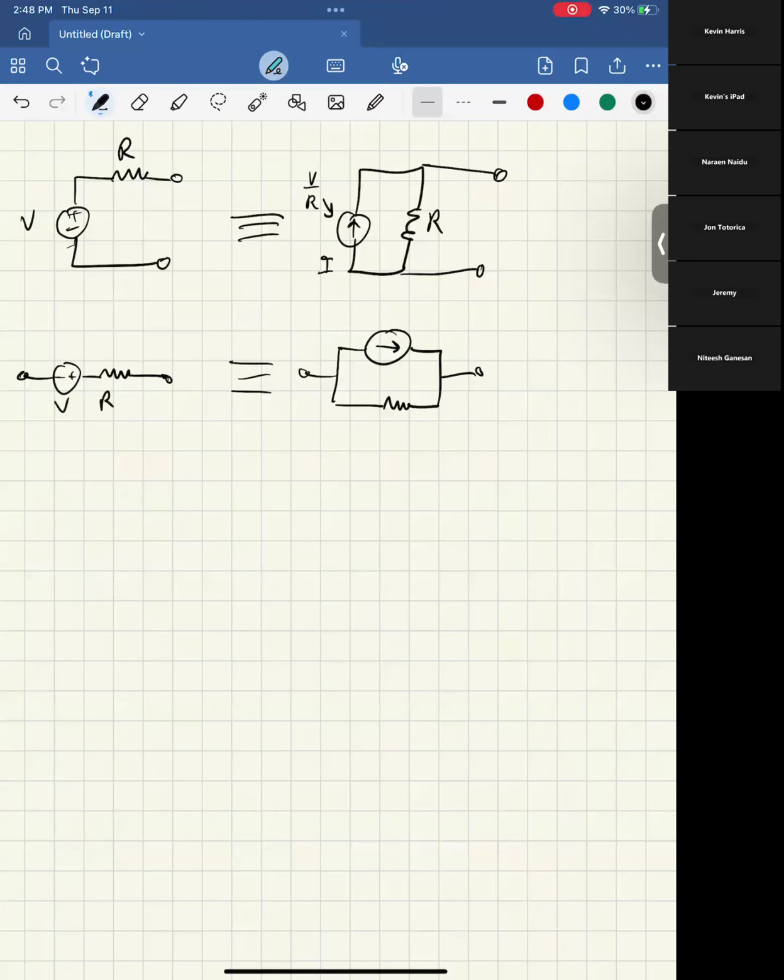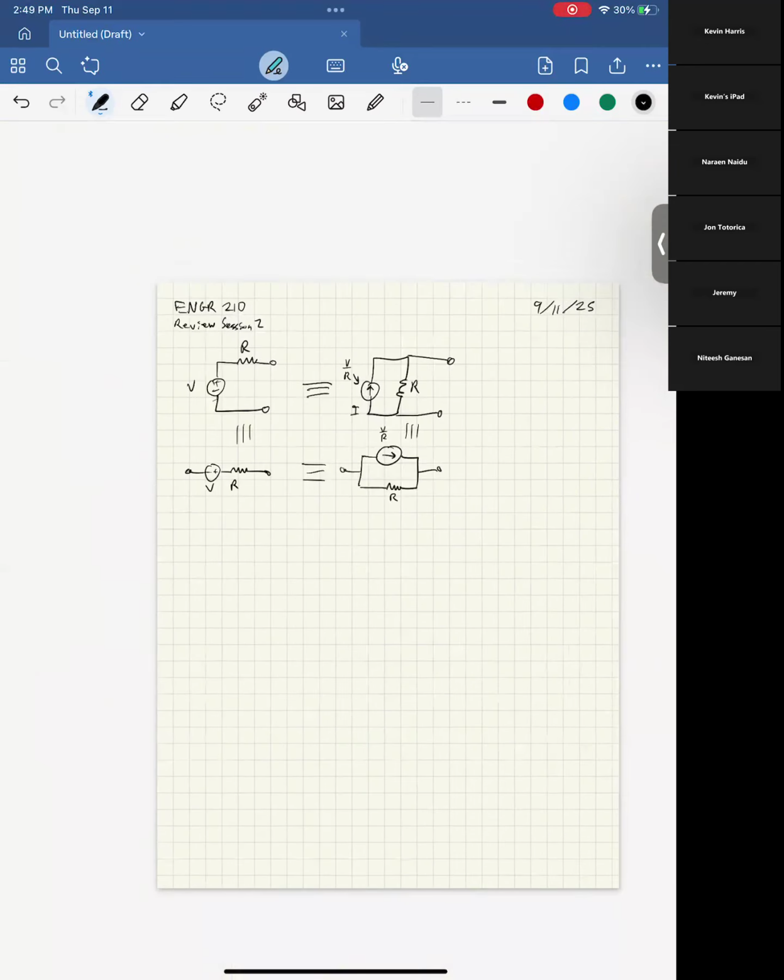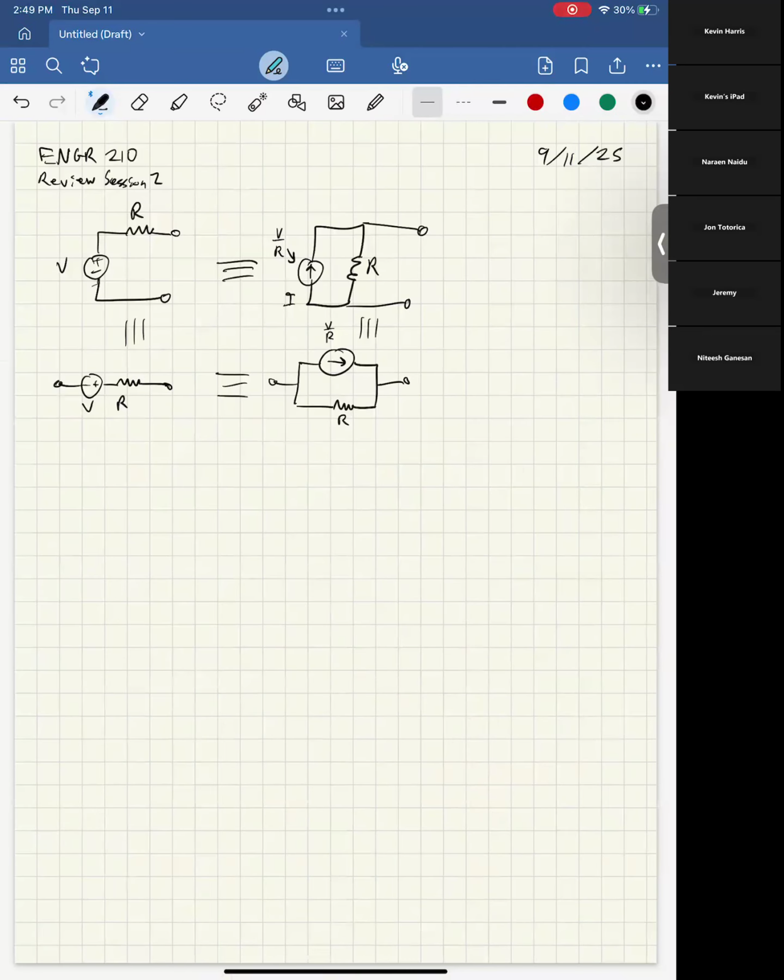So we still have V and R, and we still have V over R and R. This is the same as this is the same as this. Those are just different ways that you can draw this same circuit, and all of those can be useful at different times. So that's the first topic I wanted to go over.